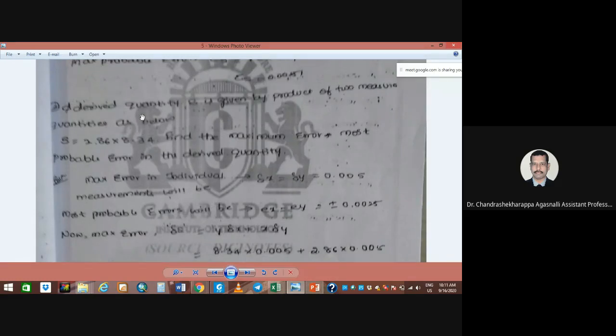Here is the third problem. A derived quantity S is given by the product of two measured quantities as below. S is equal to 2.86 multiplied by 8.34. All you need to find out is the maximum error and most probable error in the derived quantity.